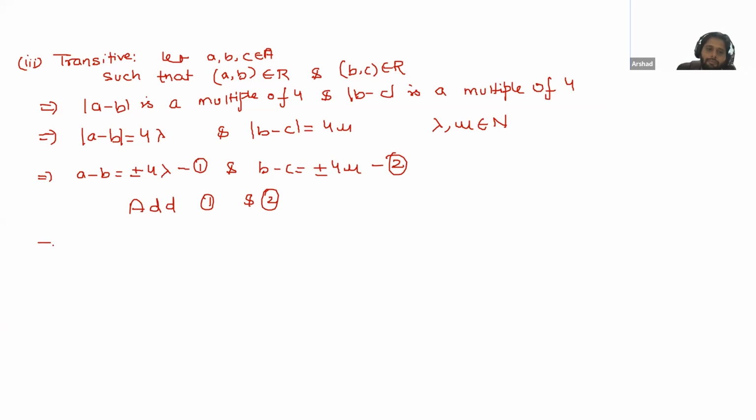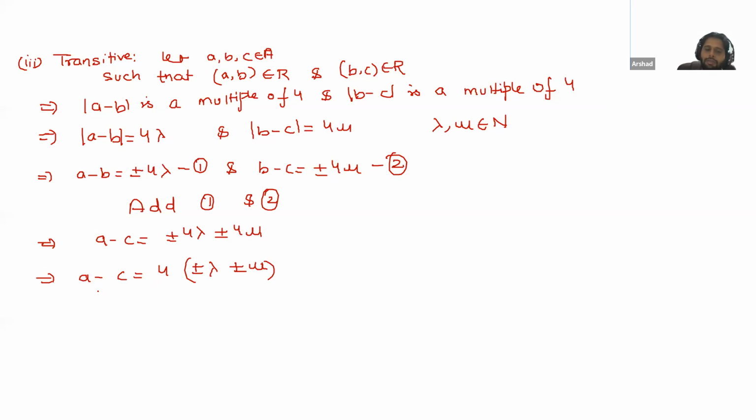Very good, Umar. Okay, so if you add these two, then you will get A minus C, which is equal to plus minus 4 lambda plus minus 4 nu. Now here you get A minus C, which is equal to, take 4 common, 4 times plus minus lambda plus minus nu. So this number A minus C will also be divisible by 4.